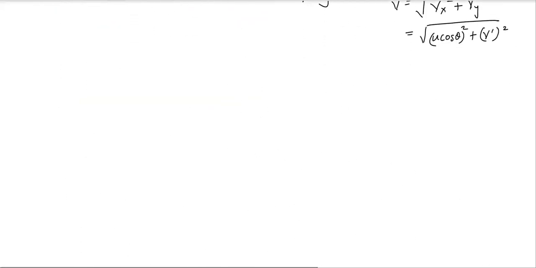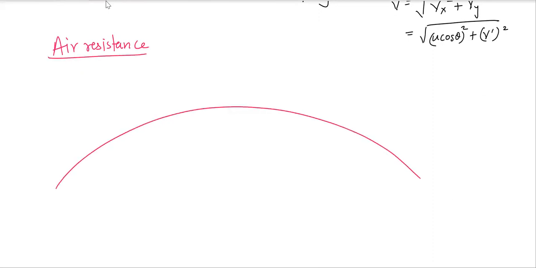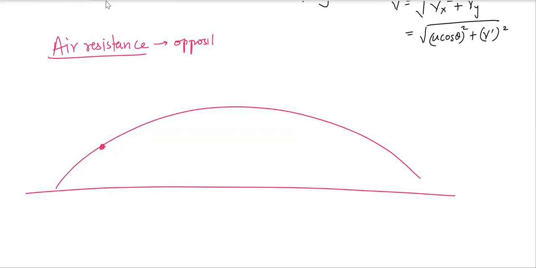Now one last thing I will add is, when air resistance is present in a projectile problem, the projectile usually experiences two things. The air resistance always acts in the opposite direction of the velocity.